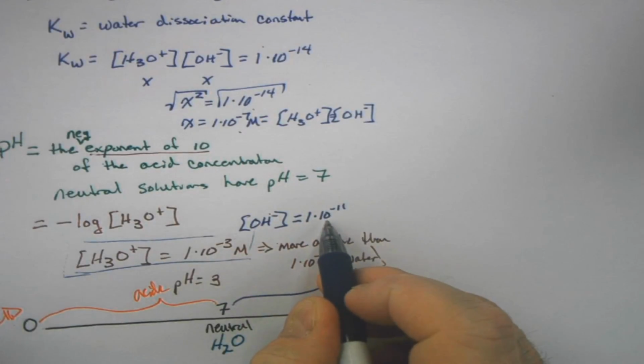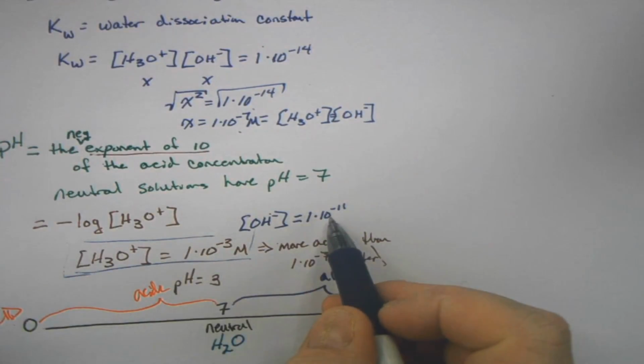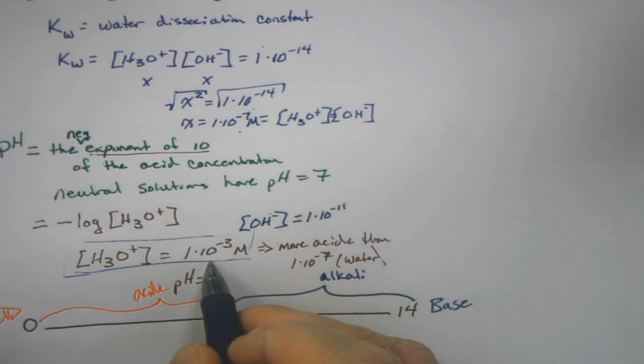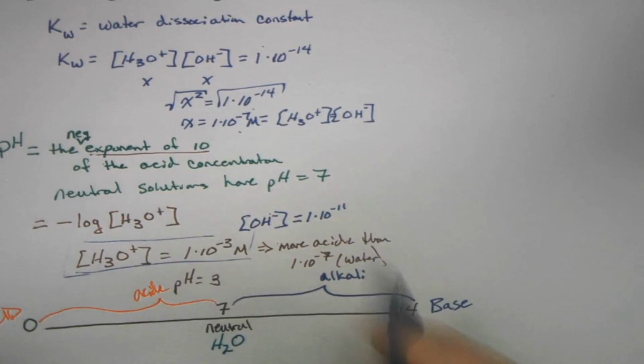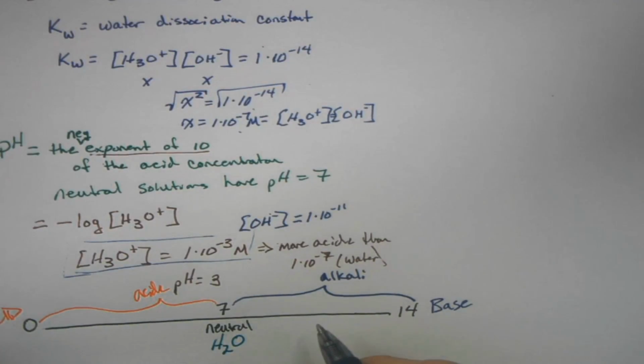And this is way smaller than this, right? Okay, low base ion, high acid ion, this is an acidic thing. So if we're on the other side, if we have a pH of 8 or 9, that means our hydroxide concentration is going to be 10 to the negative 6 or negative 5 or greater. You guys following that? Okay.